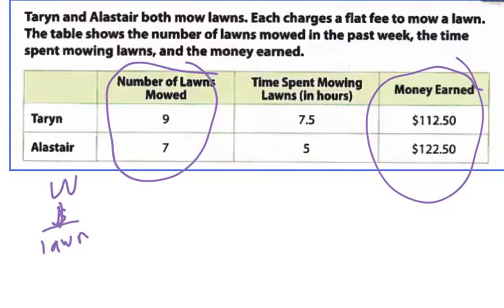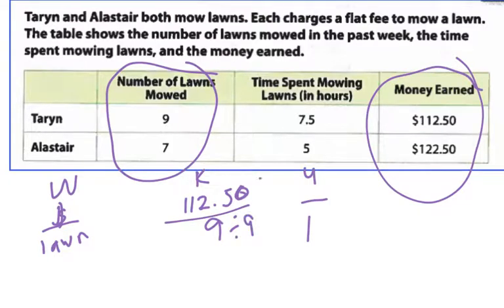What do I know? Well, I know Taryn charges $112.50 to mow 9 lawns. What am I trying to figure out? I'm trying to figure out how much she charges for one. So, how do I get from 9 to 1? I'm going to divide by 9. If I divide my denominator by 9, I need to divide my numerator by 9. So this is where you'll take your calculator.